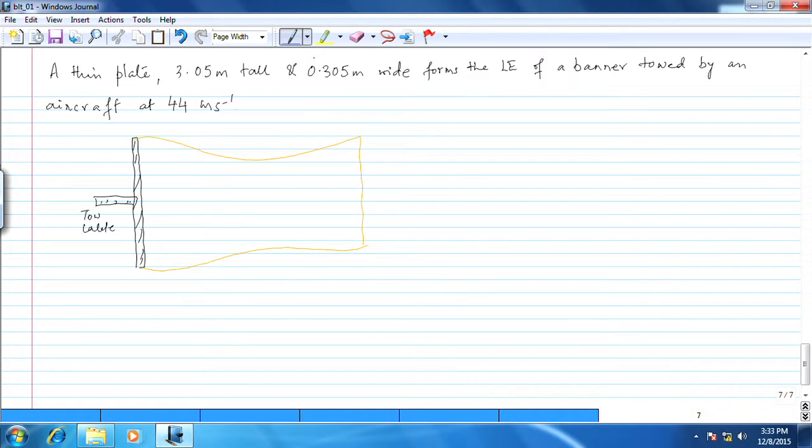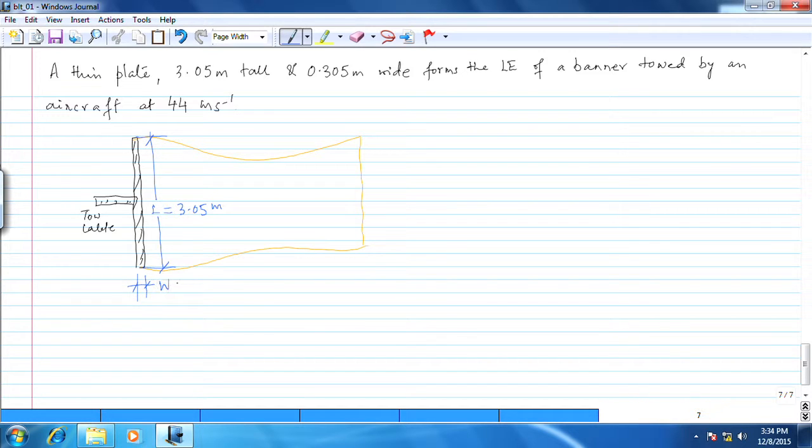Essentially, so this height, this is L, right? This is 3.05 meters tall, right? And this is the width.